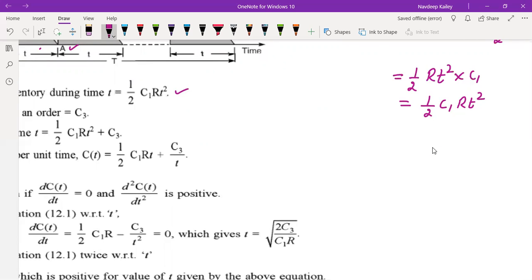Now, the ordering cost to place an order is given by C3.